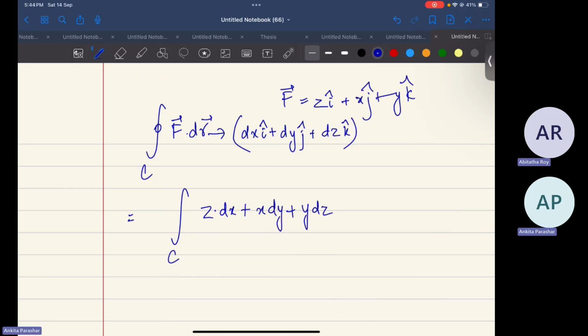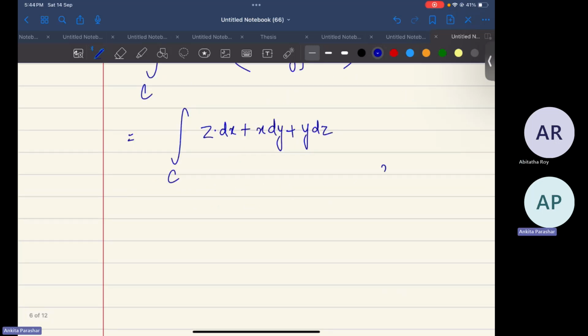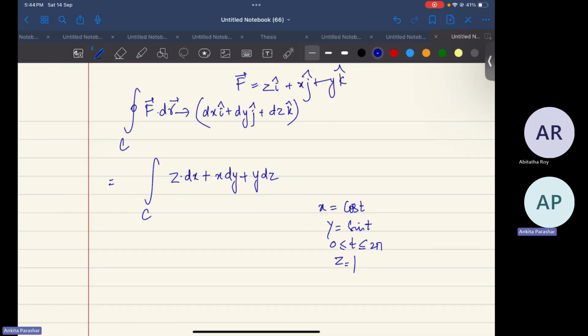And I have to parameterize the curve, which I have parameterized by x is sine t, sorry, y is sine t, and t varies from 0 to 2 pi, and z is 1. So then there is no dz.